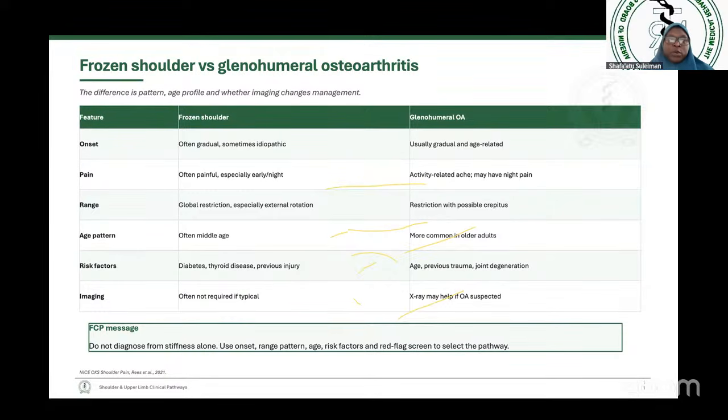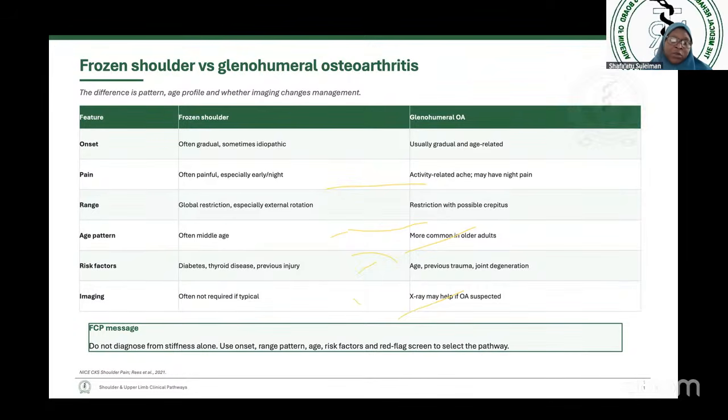What imaging is the gold standard? The gold standard is the X-ray. If it's glenohumeral osteoarthritis, obviously changes will be seen in the glenohumeral joint and also the acromioclavicular joint. That will also change our management plan somehow, because for some people that will show how severe the changes are.